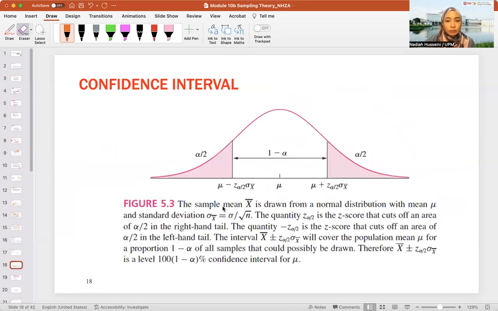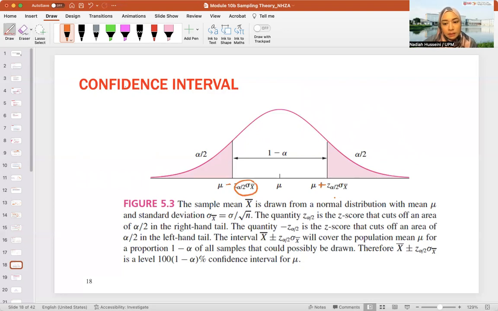Okay, so now we're moving on to this part. Now I can introduce you again to alpha. So here we have mu, and mu is within the range mu plus z alpha over 2 times the standard deviation of the sample mean. It's plus minus actually. This is plus and this is minus.